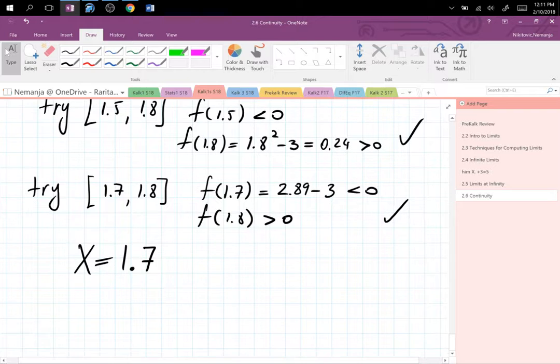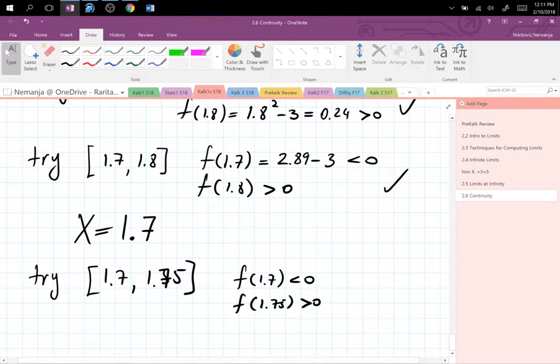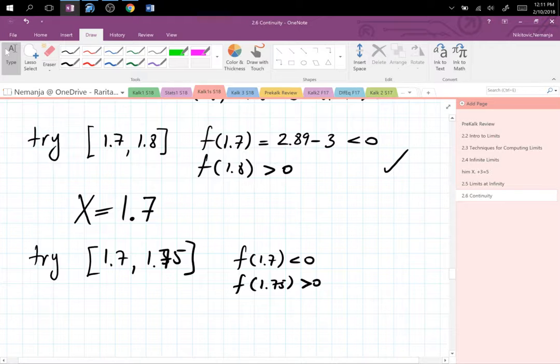So now that you have this, let's try 1.7 to 1.75. And you will see that f of 1.7 is less than 0, f of 1.75 will be larger than 0, so that was the good interval. And then you can test 1.73 to 1.75, and you will see that that also works.